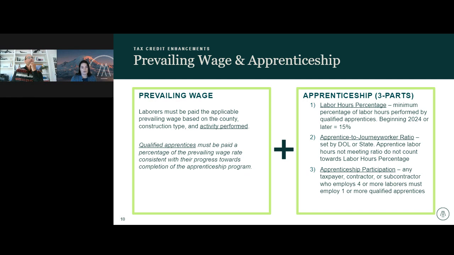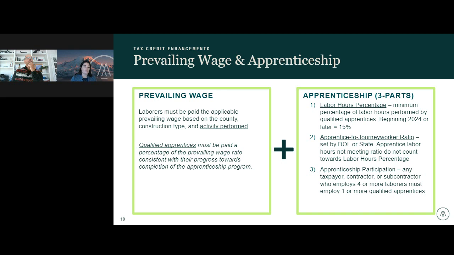And so that ratio could be 3 apprentices per journey worker, let's say for electrical work. And what that means is if you were to have 4 apprentices and 1 journey worker on the job site for that particular day, that 4th apprentice, who's in excess of the 3-to-1 ratio, their hours would not qualify towards your labor hours percentage requirement. They would essentially be considered a non-qualified apprentice.